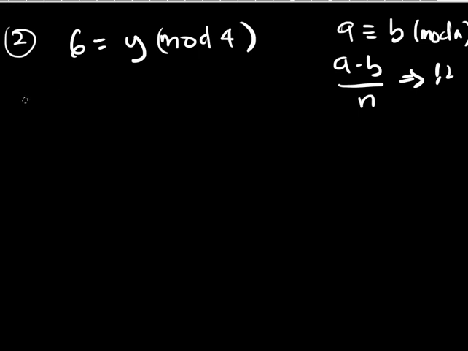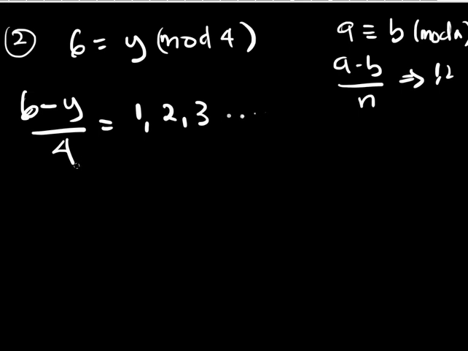So 6 minus y divided by 4 must equal 1, 2, 3, and so on. If we take the first number and solve, 6 minus y is equal to 4, we get y is equal to 2.